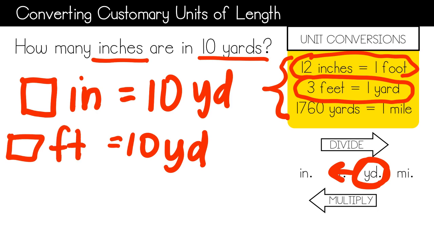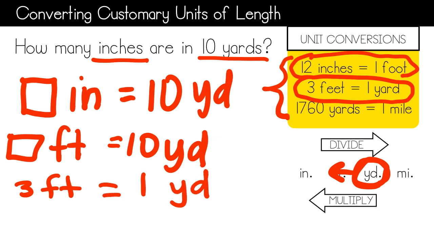That's what I would do first, because then I can go from feet to inches. 10 yards equals how many feet? I know that 3 feet equals 1 yard, right? Yeah, and I'm going to multiply. So 10 yards equals how many feet? 1 yard equals 3 feet. 3 times 10 equals 30 feet.